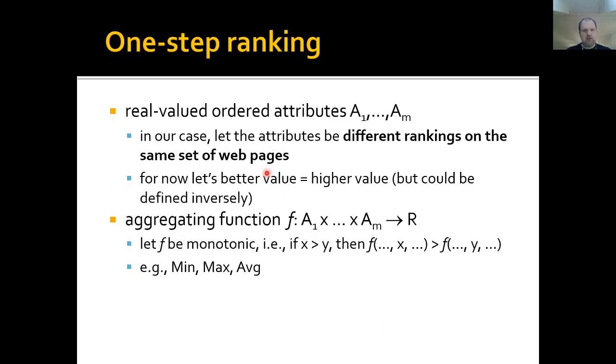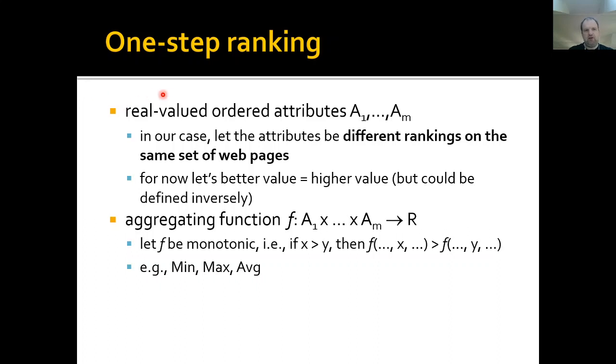Okay, because the one-step ranking was studied earlier than the web was so famous and omnipresent, basically the whole technology and the formal definitions are not based on web pages or content, but they are basically related to what was known 30 years ago, and that was relational databases.